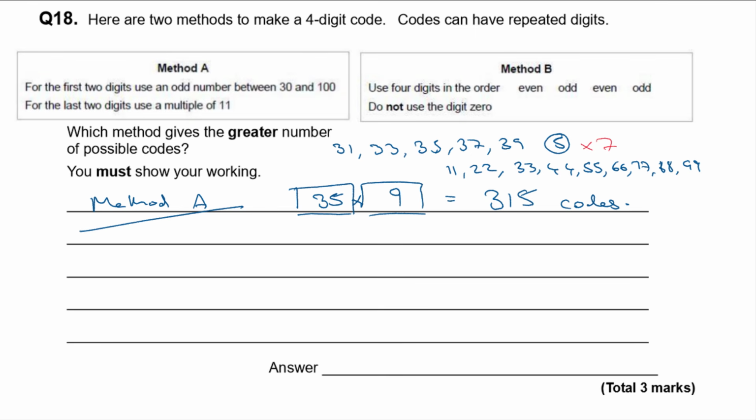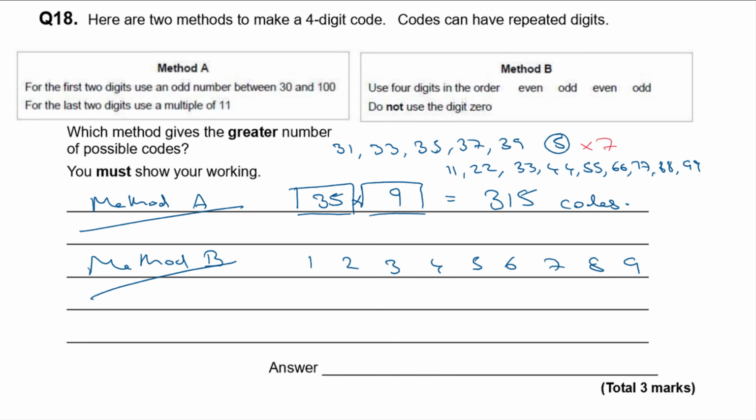Okay, right, so what about method B? So method B, use 4 digits in the order even, odd, even, odd. Do not use the digit 0. Now I can have repeated digits, so how many even numbers are there between 1 and 9? Numbers between 1 and 9: 1, 2, 3, 4, 5, 6, 7, 8, 9.